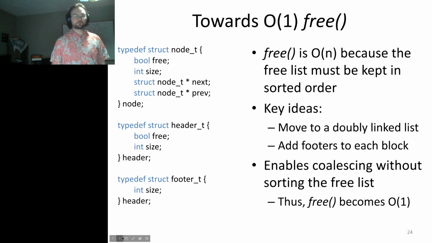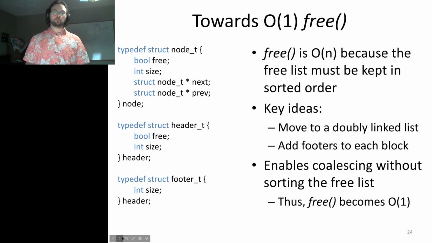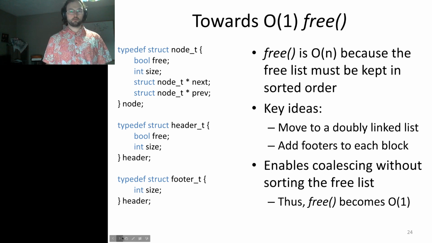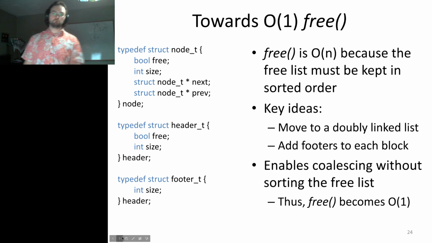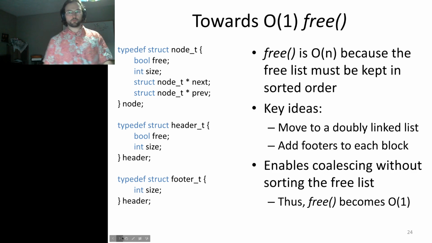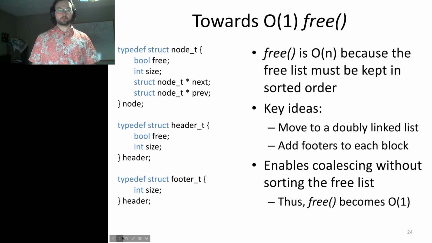But what we'd really like to do is do better than linear time. The moment both malloc and free are taking linear time, we'd like to reduce that down. Sort of the best we'd expect to be able to do is constant time, so that's what we'd like to do. The idea to solve that is that we're going to replace our singly linked free list with a doubly linked free list.